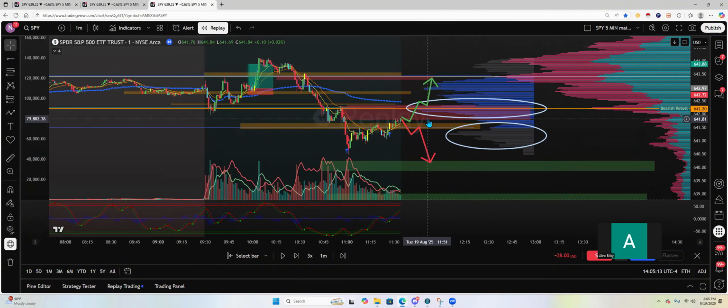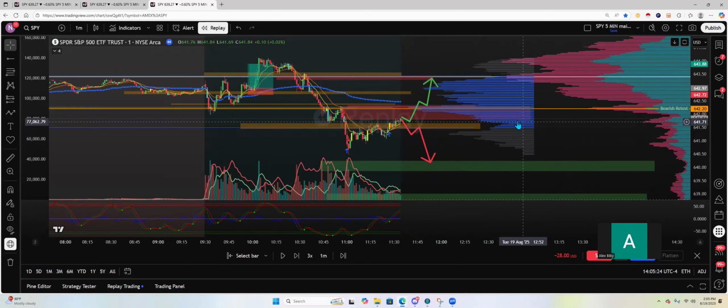Right? So if it's bullish, we want it to find support at this low volume node. I'm going to erase these circles just so you guys can see it a little better and I can mark out the areas a little bit more. I'm going to erase this supply zone here too, because that's not the focus of this video. Just know that this is kind of like a supply zone.